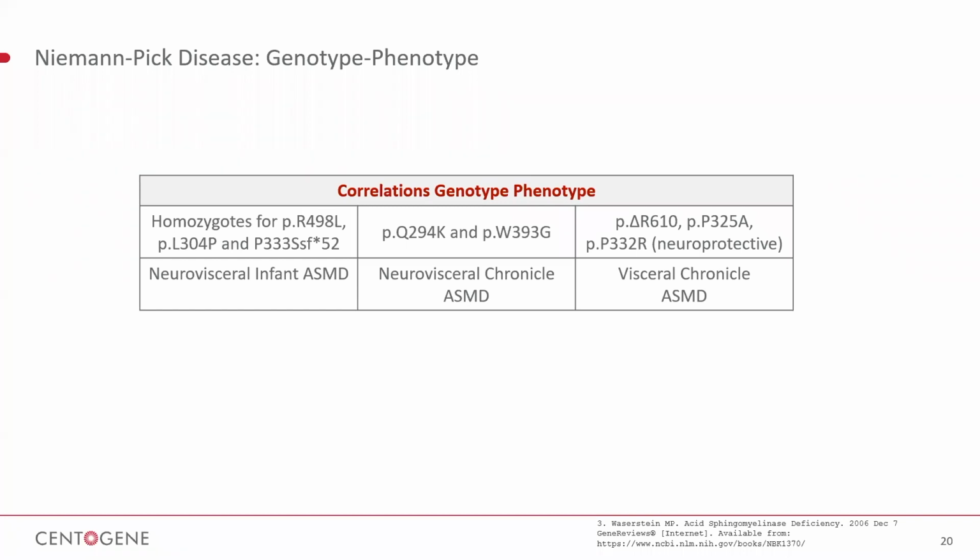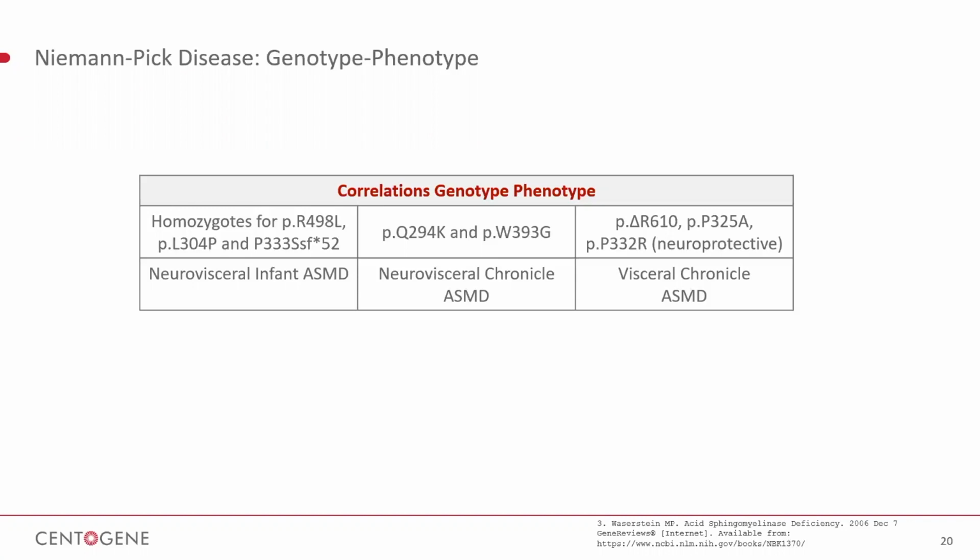And then the 3 on the right are considered neuroprotective, so they are definitely associated with type B, and these 3 mutations specifically have no neurodegeneration that has been associated to this point.